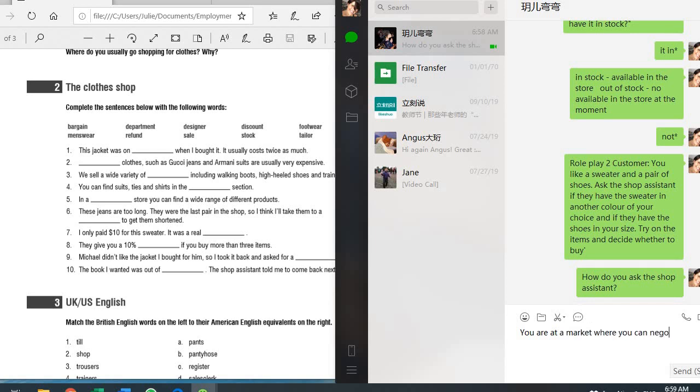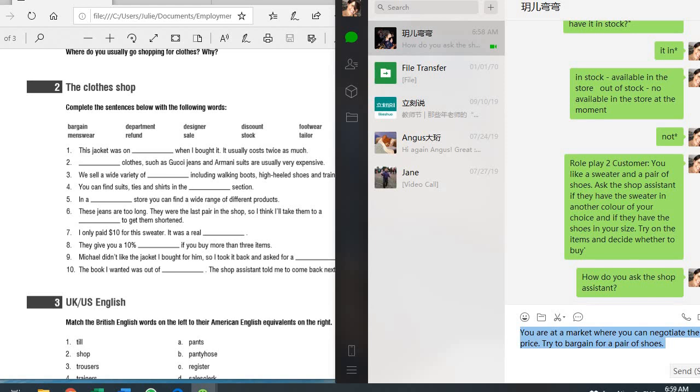But I want to know if you have other sweater colors. I want to try it on with the shoes. Do you have the shoes in my size?